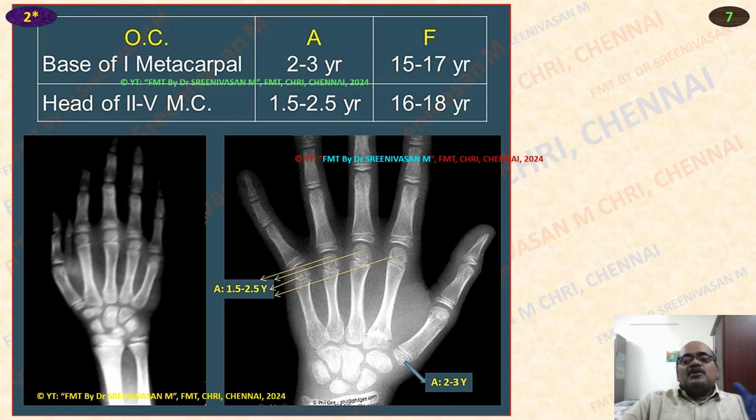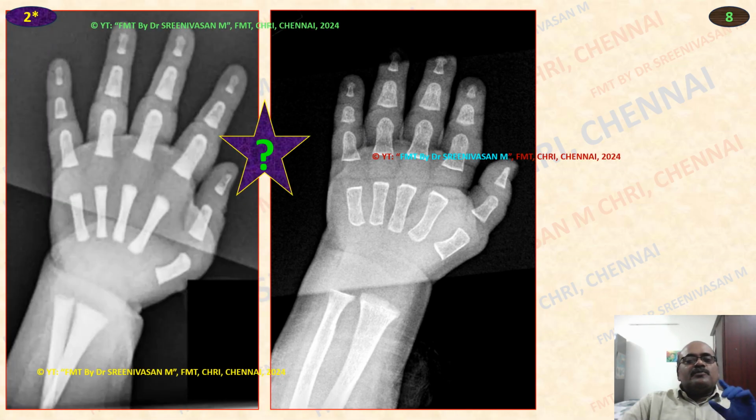This way we can remember 2 to 3, 15 to 17, and 1.5 to 2.5, but they fuse late, 16 to 18 years. That is the general rule. So 2 to 3 years is the base of the metacarpal, 1.5 to 2.5 is the heads of the 4 metacarpals.